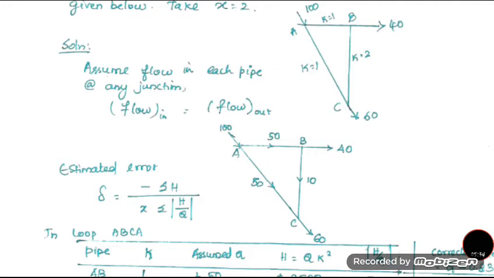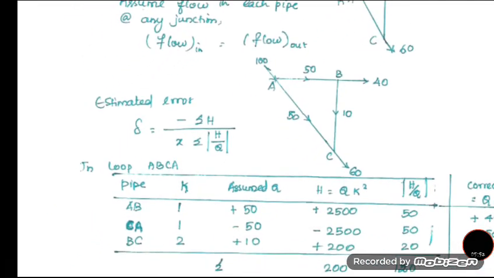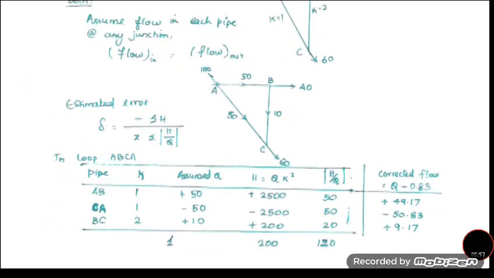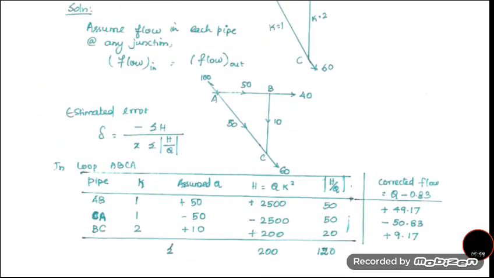In the pipe AB, if we deduct the 40, then the remaining 10 is flowing through BC. The addition of AC and BC gives 60. This is the assumption, but in reality it may vary.